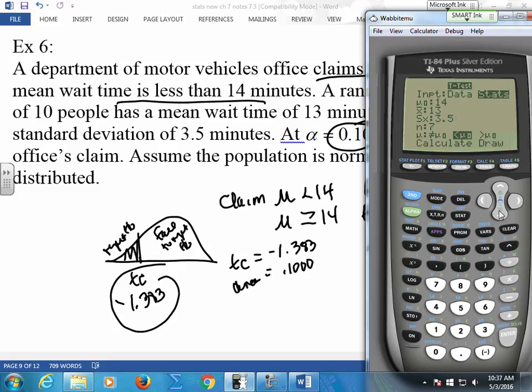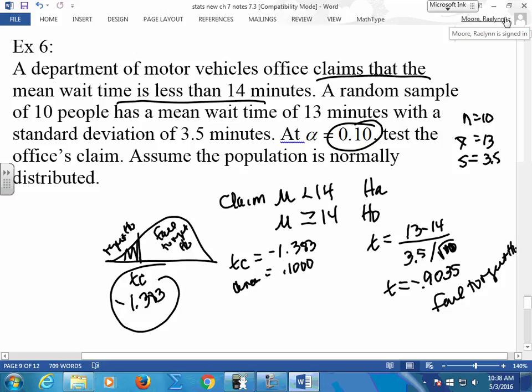My n was 10. My tail, still the same. Now, here's my T, there's my p-value. You can find it in your calculator. Guys, give me 2 minutes and we'll wrap this up.